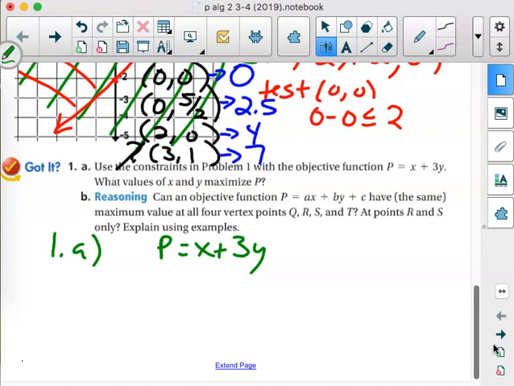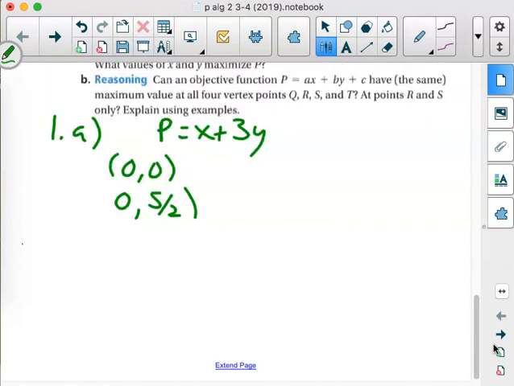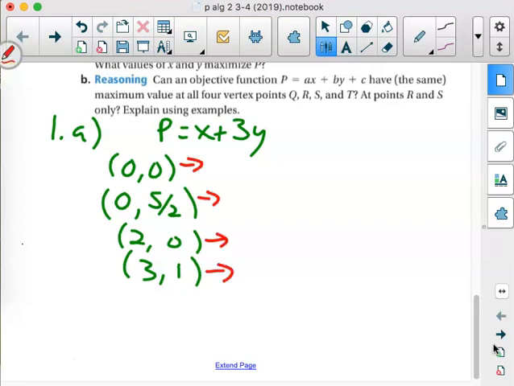And what they really want us to see is, if that objective function changes, well, our choice is probably going to change as well. So we're going to put in our (0, 0), our (0, 5/2) or 2.5, (2, 0), and (3, 1). But we're putting those into this new objective function.